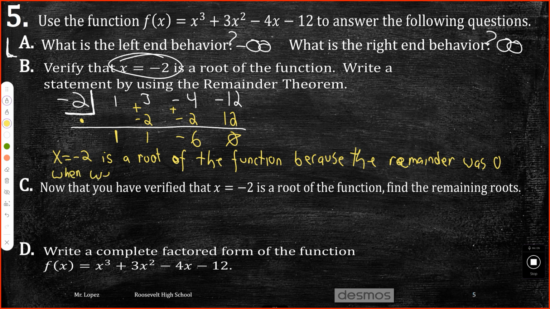That's a lot of writing. When we verified x equal negative 2 using synthetic division, we got a remainder of 0.